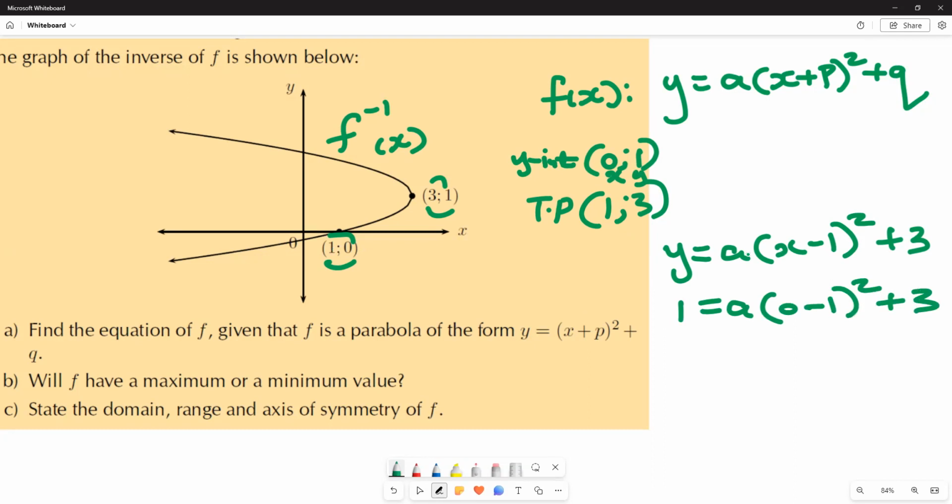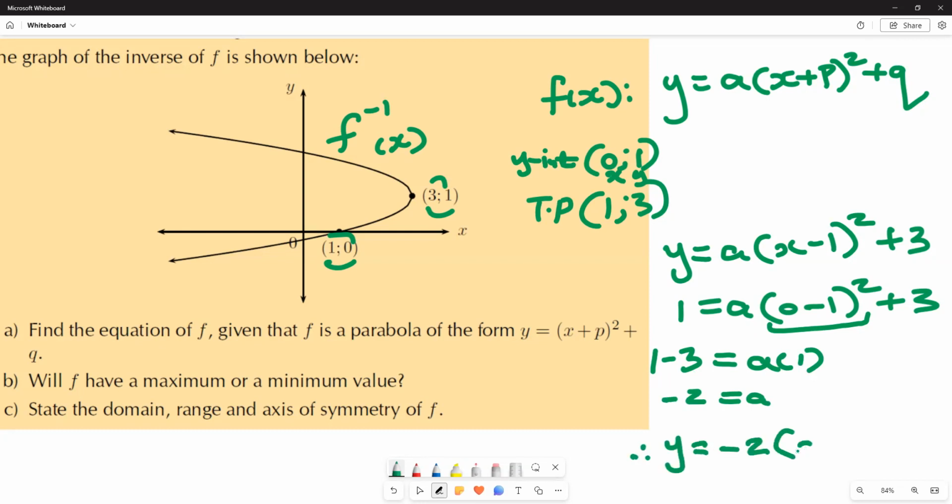And then I'm going to take the 3 that side. So I'm going to have 1 minus 3 equals a, because this guy here will give you 1. Okay, let me just show that. And then negative 2 equals a. Therefore, y equals negative 2(x minus 1) squared plus 3. That is the equation of f of x. So you can easily say f of x equals that.